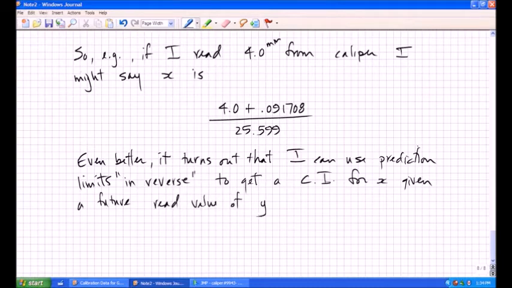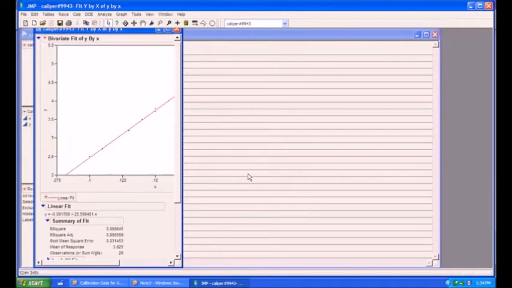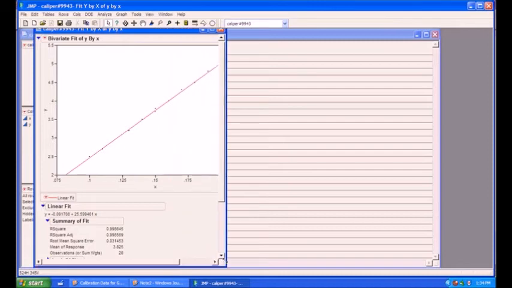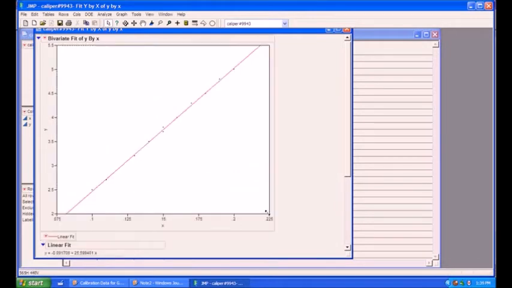Okay, so what I'm thinking about doing is this. Here is this JMP report, and I'm going to grab the corner of this picture and enlarge it somewhat so that I can do some things with it.